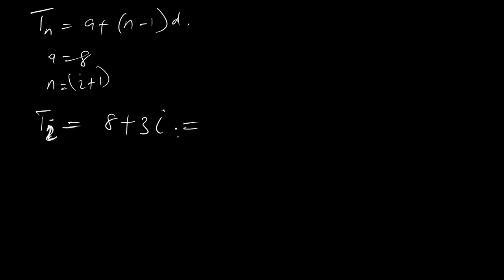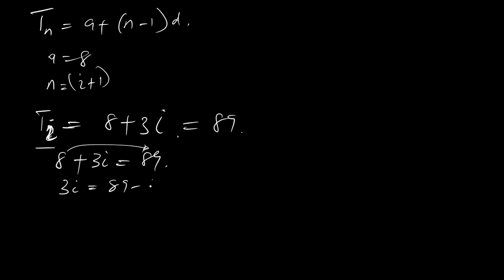And the i term is 89. So 8 plus 3i is equal to 89. Moving this to the other side, you have 3i equal to 89 minus 8, which is 81. So i is equal to 27.